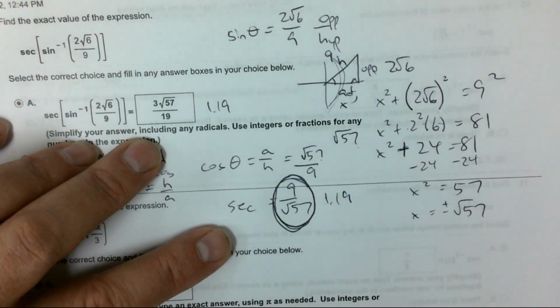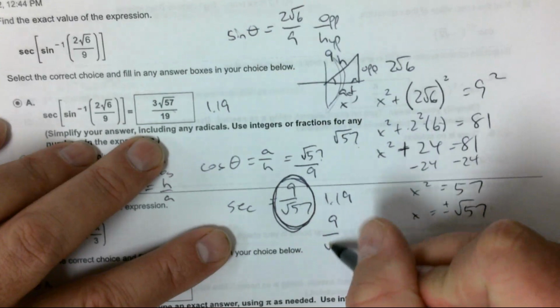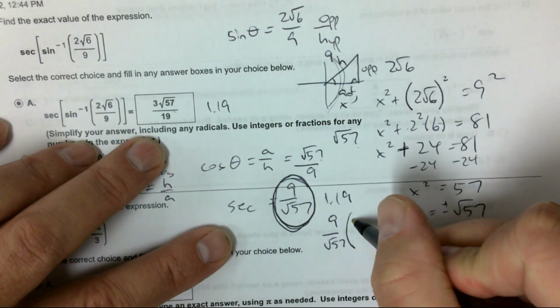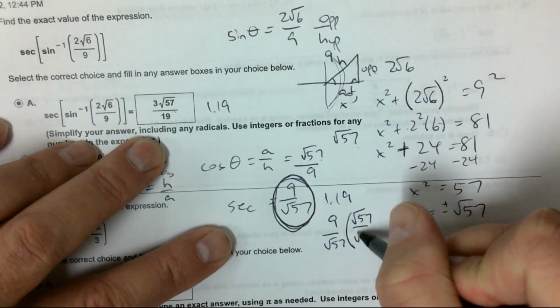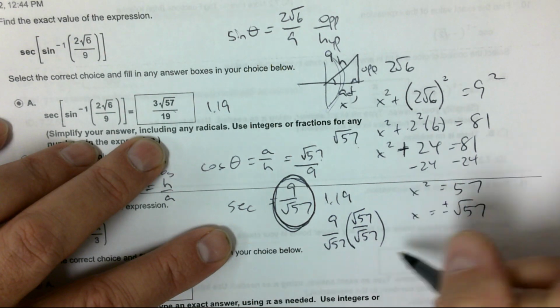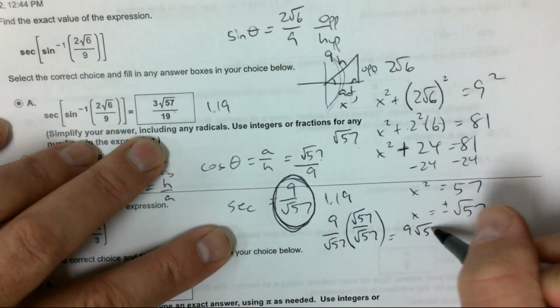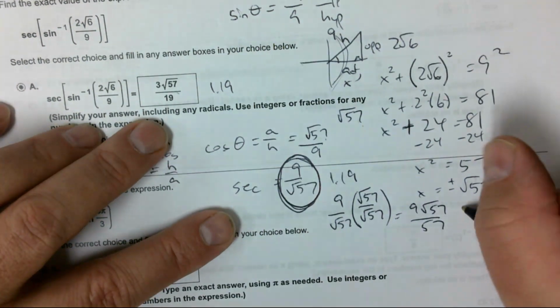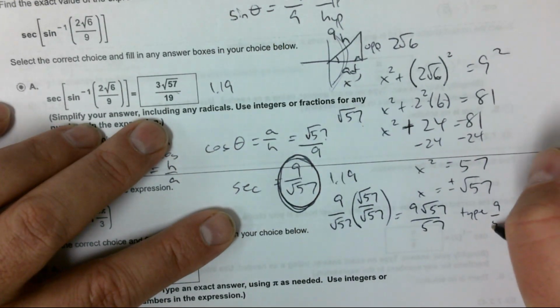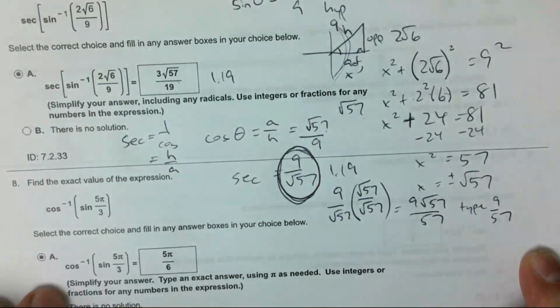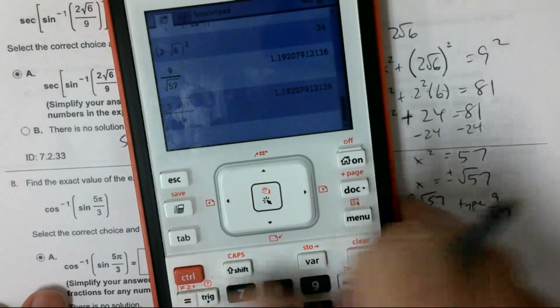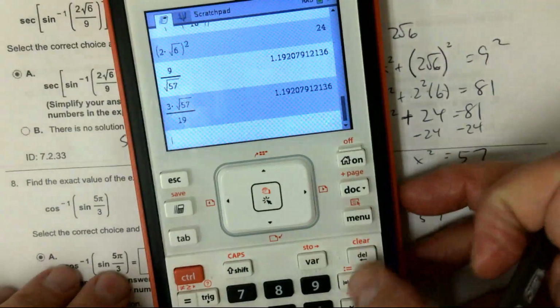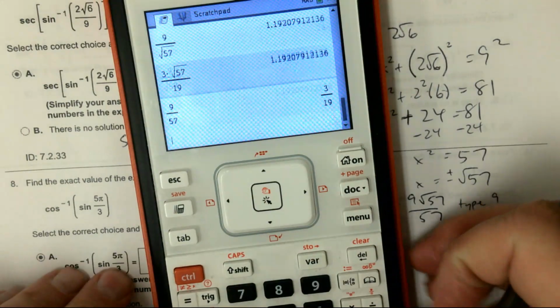Now, if you want to try to get to that number, you'd say 9 over square root of 57 is the same as 9 square root of 57 over 57. And then I'd type 9 over 57 in the calculator, and 9 over 57 is 3/19.